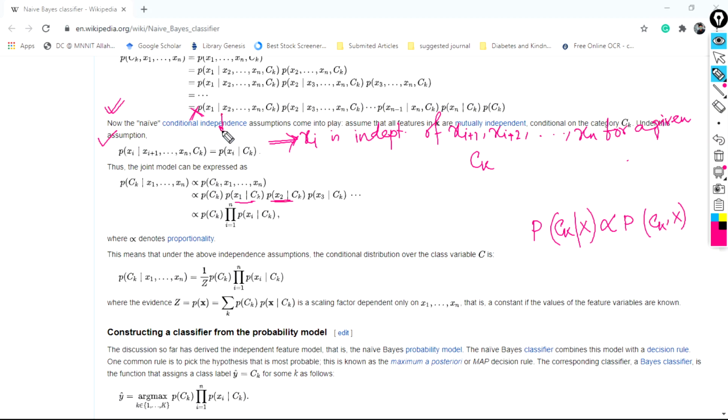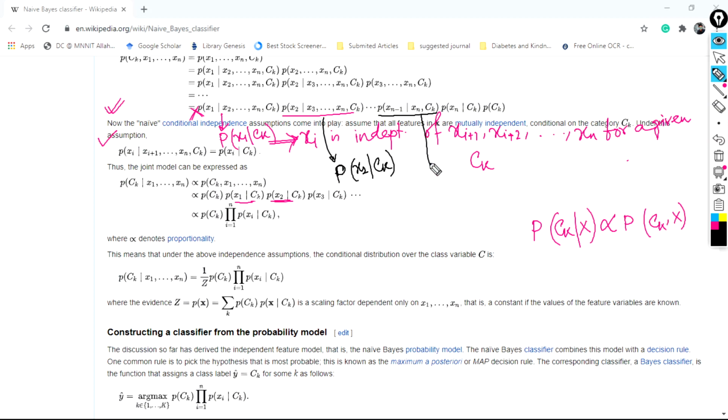If this is mutually independent, this term will be written as probability of x1 given Ck. This term will be written as probability of x2 given Ck.